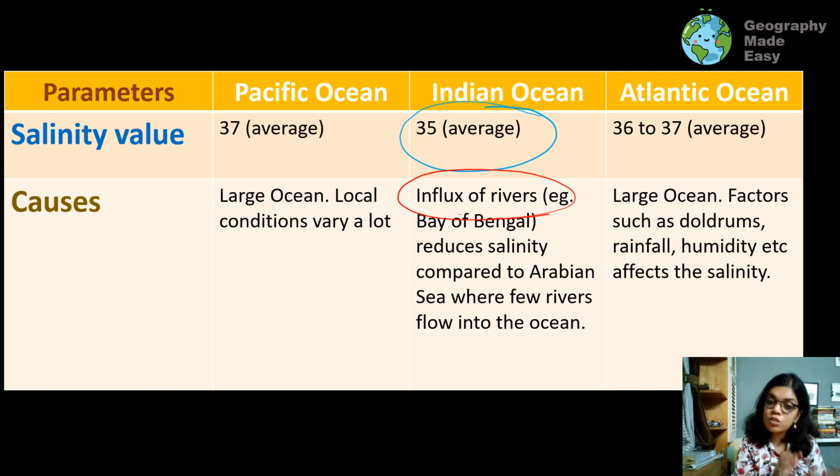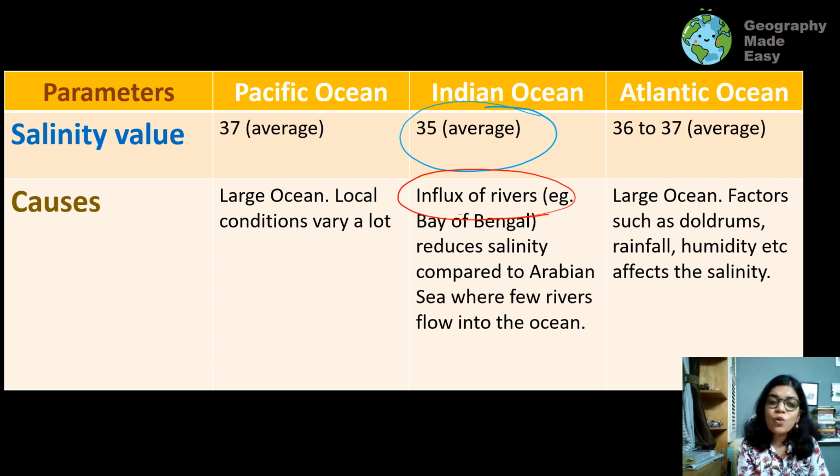But it is mostly the Ganga Brahmaputra river system which brings in millions of tons of river water into the system every year. So the salinity goes down.